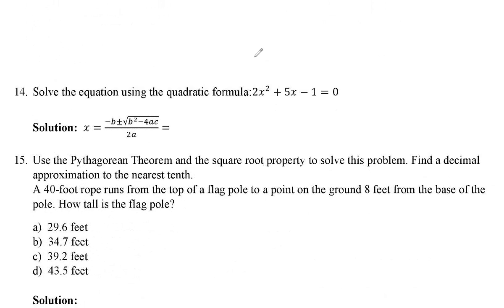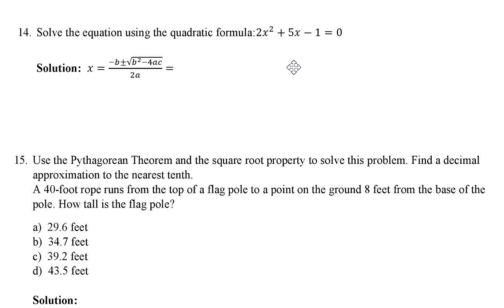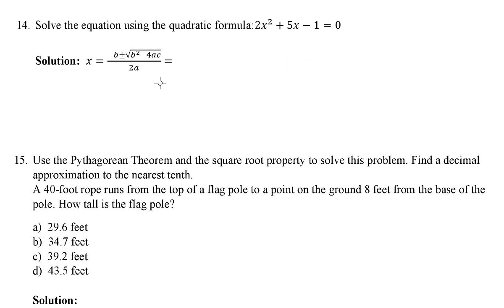And then number 14, they want us to solve using the quadratic formula. Okay, so I went ahead and wrote the quadratic formula for you here. The a is 2, the b is 5, and the c is negative 1. You always include the sign out in front with the a, b, c.